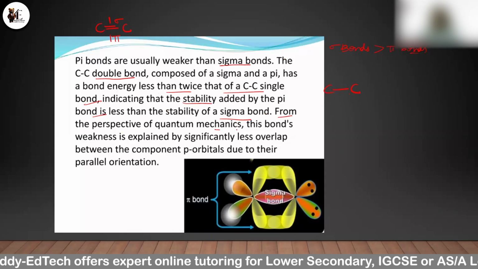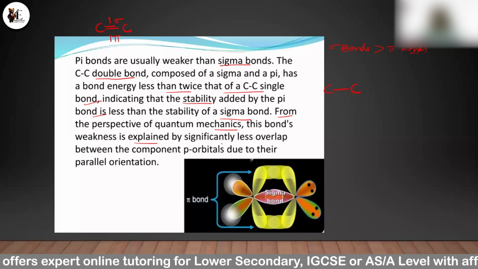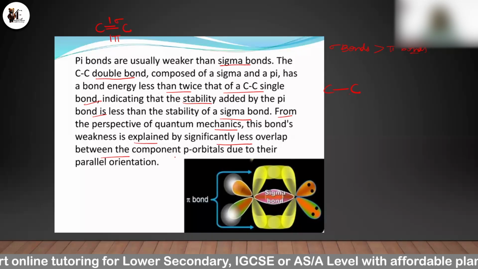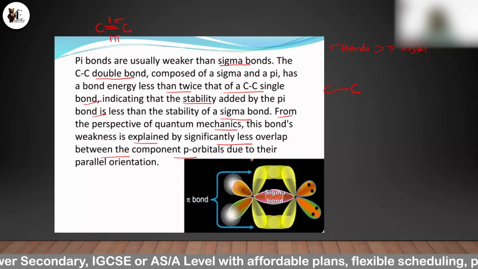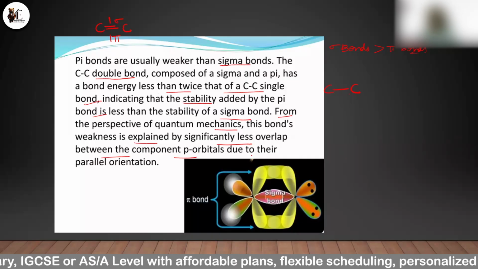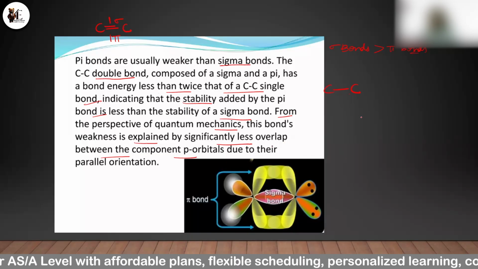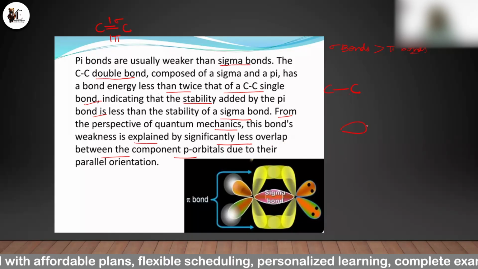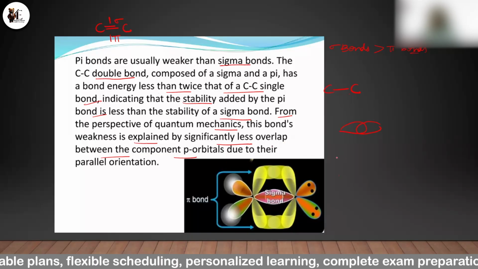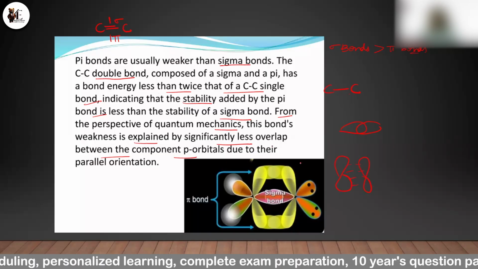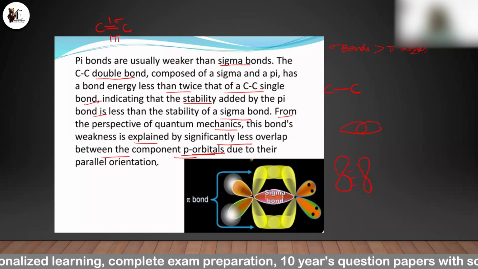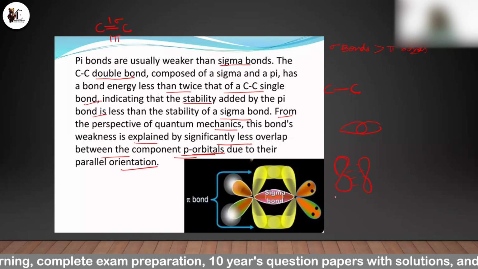From the perspective of quantum mechanics, this bond's weakness is explained by significantly less overlap between the component p orbitals. So, at your level, you can write that sigma bonds are stronger as compared to pi bonds because of their overlapping. Sigma bonds overlap like this, and pi bonds overlap like this. There is less overlap between the component p orbitals due to their parallel orientation. They are parallel, right?